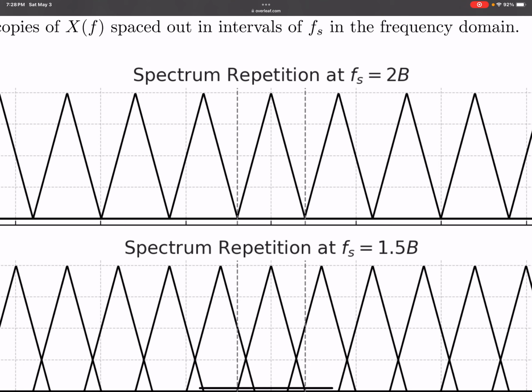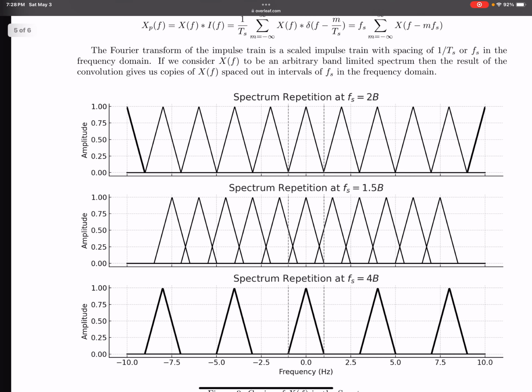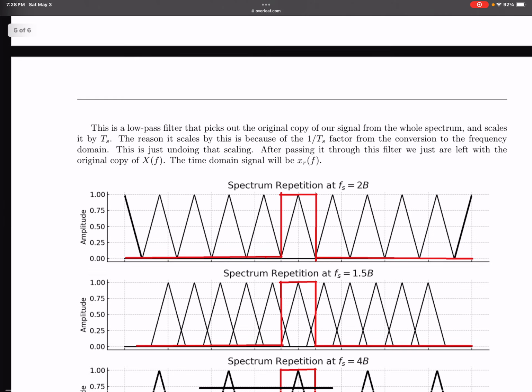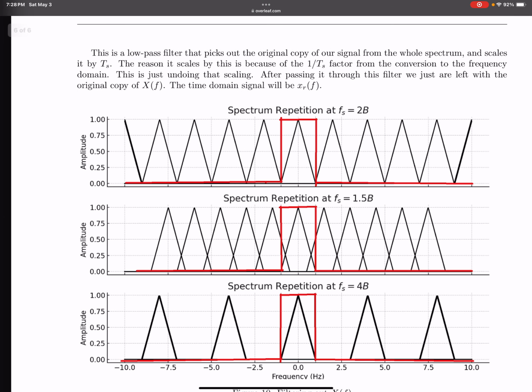So if you cut that value in half, you can see that it goes from minus f_s over 2 to plus f_s over 2. So that's going to be the way that we define our low-pass filter. And if it's still a little bit confusing, hopefully these drawings clarify the picture. The filter is 0 everywhere except in the original copy, constantly reminding ourselves that this is the Fourier transform of the original signal, which is what we're ultimately trying to extract.